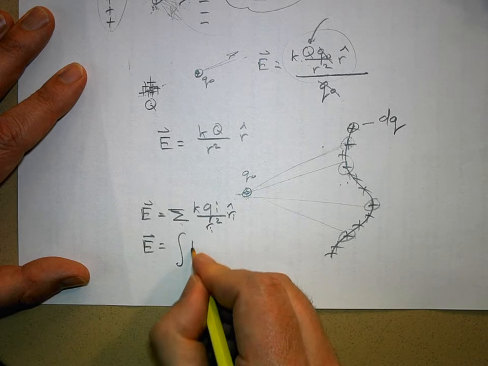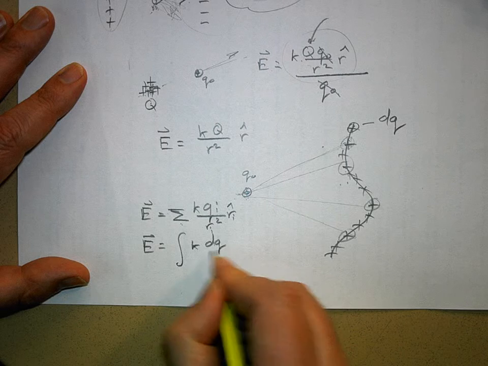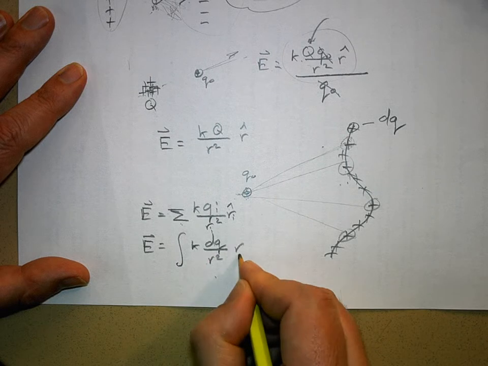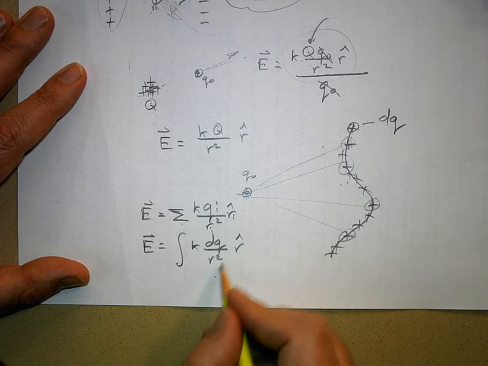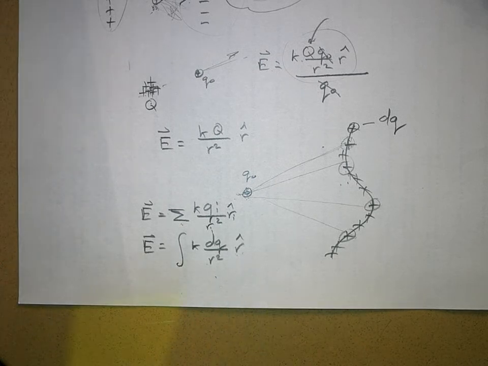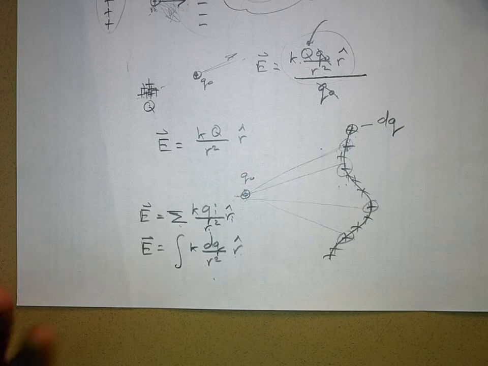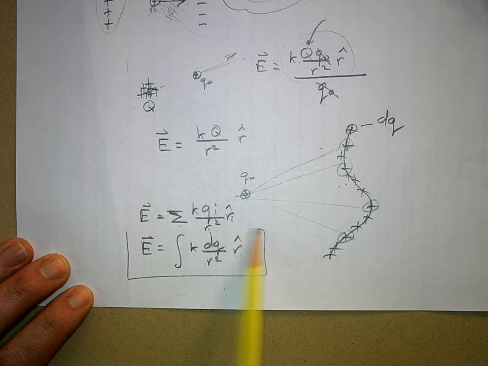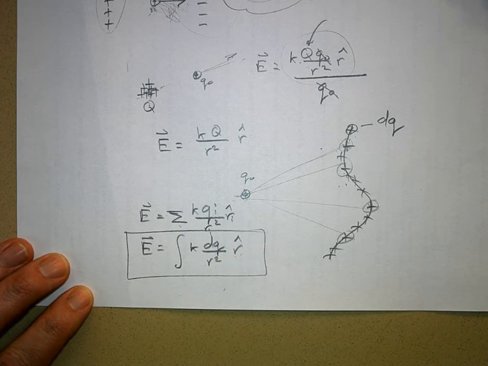It's going to be k dq over r squared in the r hat direction, although this becomes really problematic. R hat is going to change for each little dq you have. So this is really hard to do for a weird shape like this.